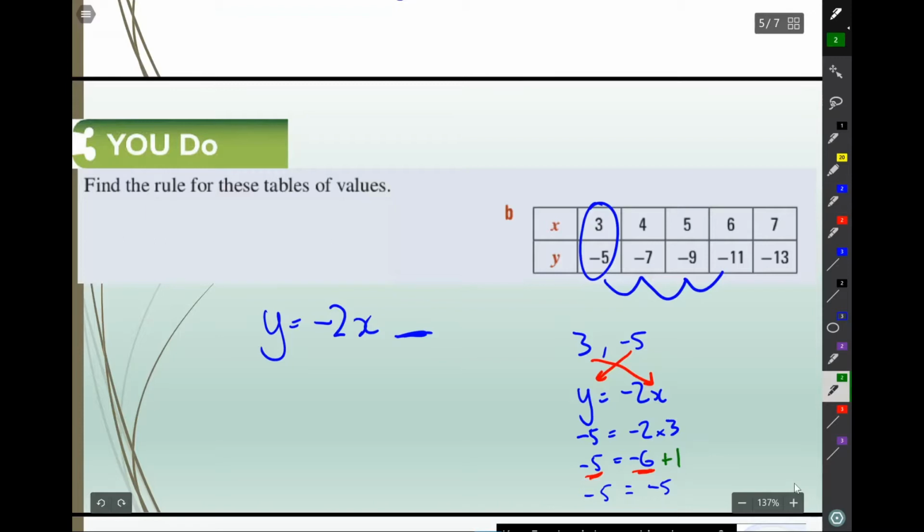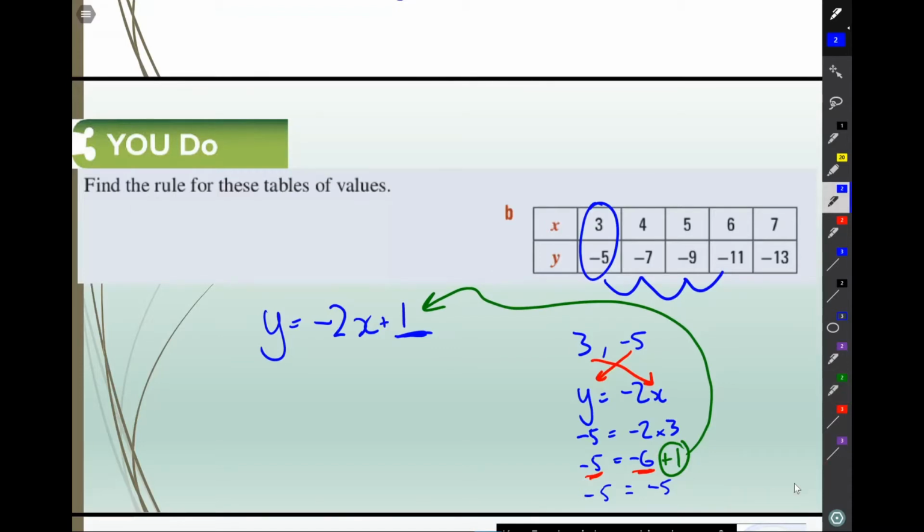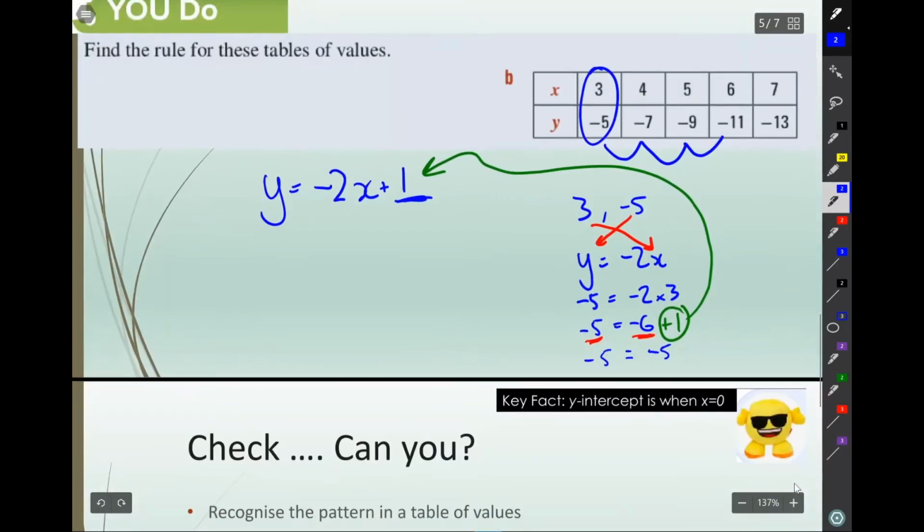So we're going to take this extra 1 that we have to add, and it is going to be our constant term, plus 1. And that's how we approach it. If there is no x equals 0 value, just choose any point, substitute it in, and see what you have to end up doing to make both sides of the equation equal.